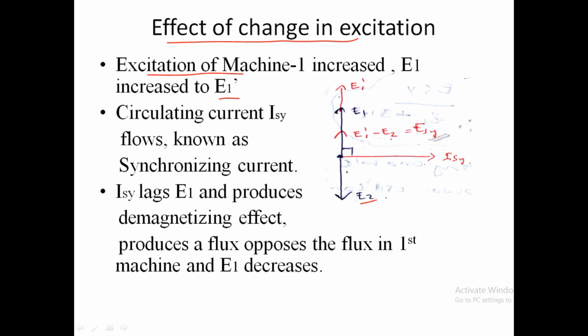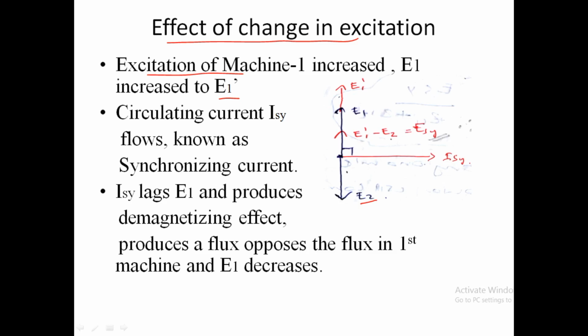Whenever DC excitation is increased, more field current flows and the flux is increased. When flux is increased, EMF is increased. Why? E equals 4.44 into f into phi into T. So the EMF of the first machine is increased to E1 dash.